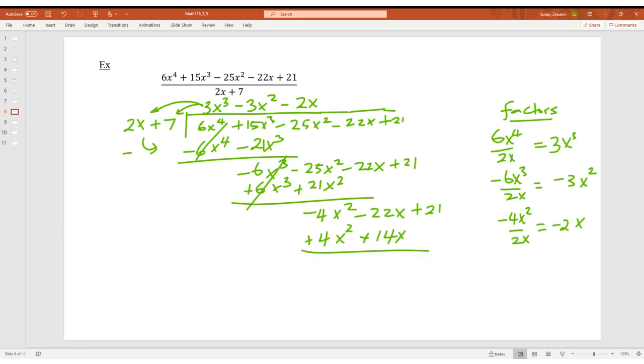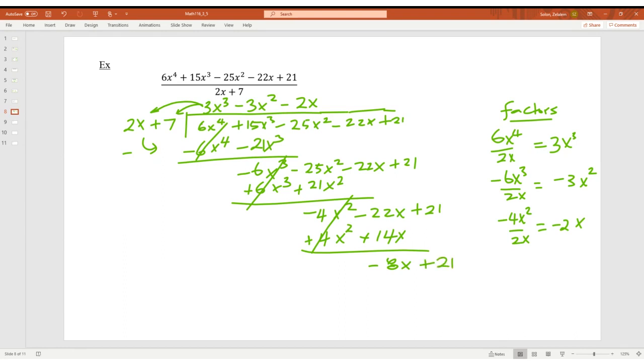So this cancels out. Negative 22 plus 14 is negative 8, I think. 6 plus 2, yeah, negative 8x plus 21.